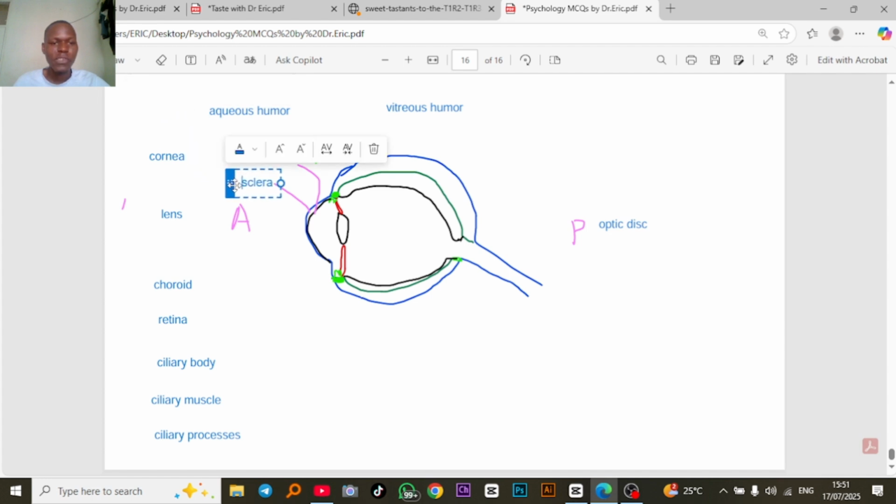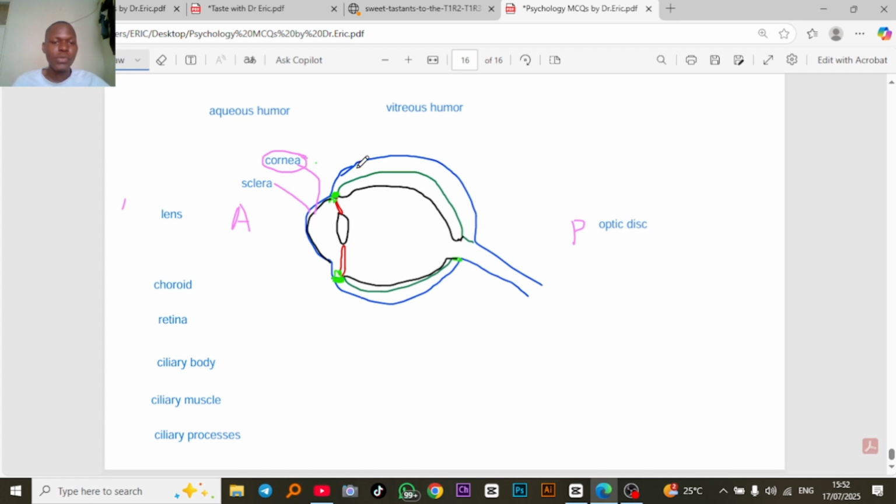So the outermost is the sclera, then the layer that's continuous with it inside is the cornea. Talking about this cornea, what you need to know is that it's the main refractive surface of the eye, offering more than two-thirds of the total refraction that occurs within the eye.